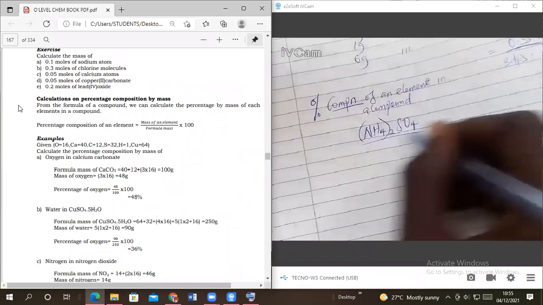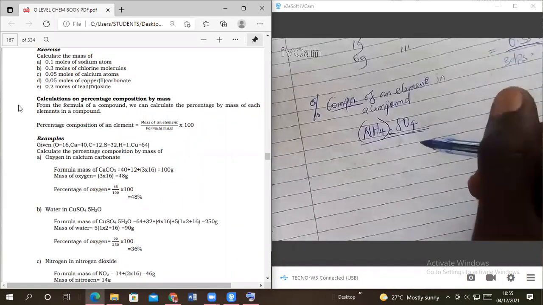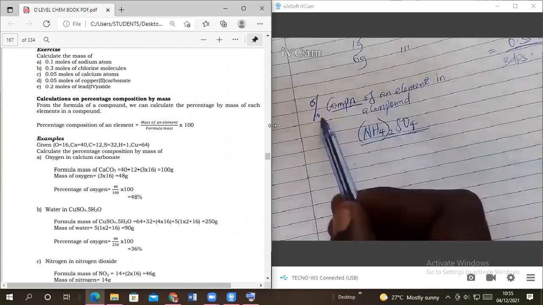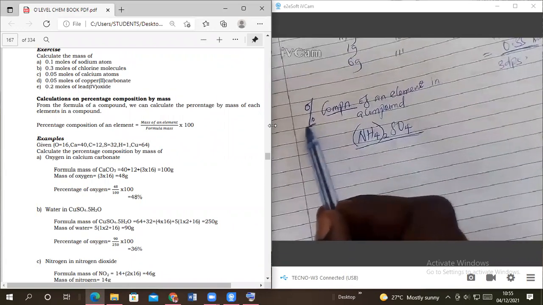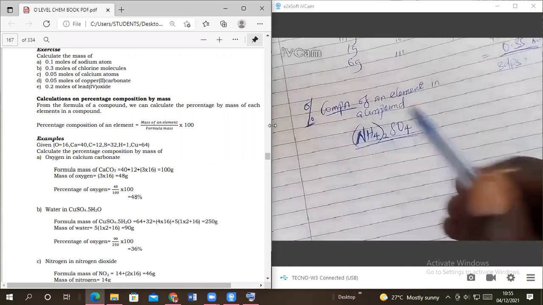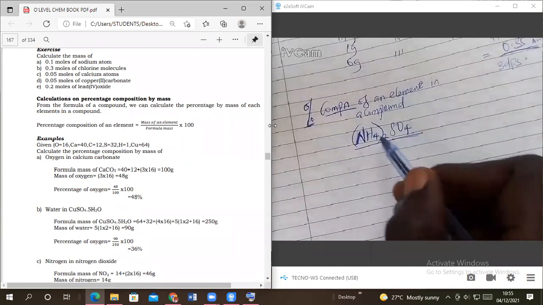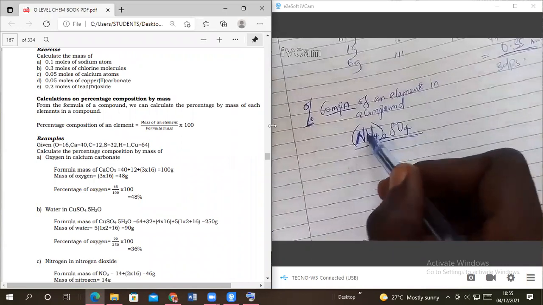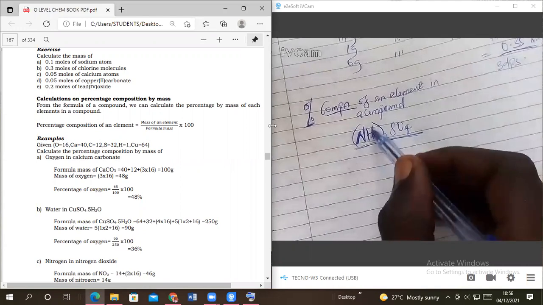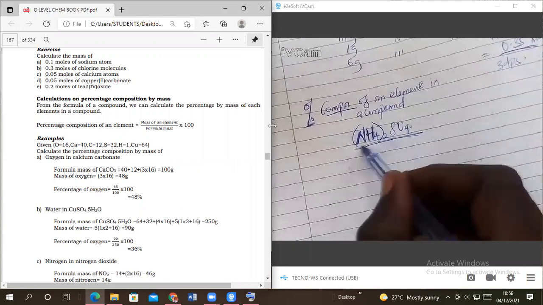Now, if you write a wrong formula of a given substance, you will never see the correct answer. If they ask for percentage composition, maybe they want the percentage of hydrogen in ammonium sulfate.